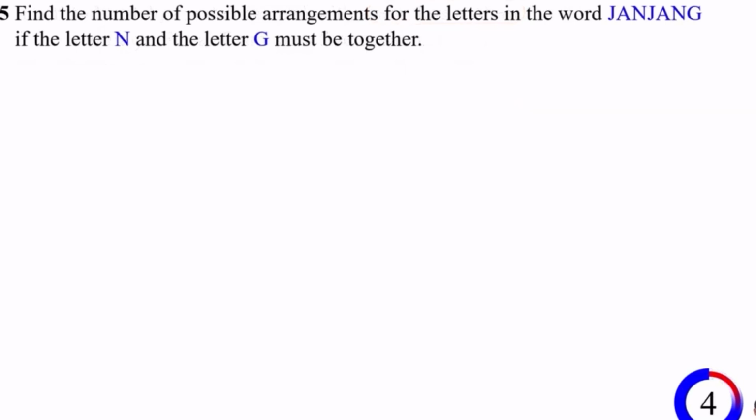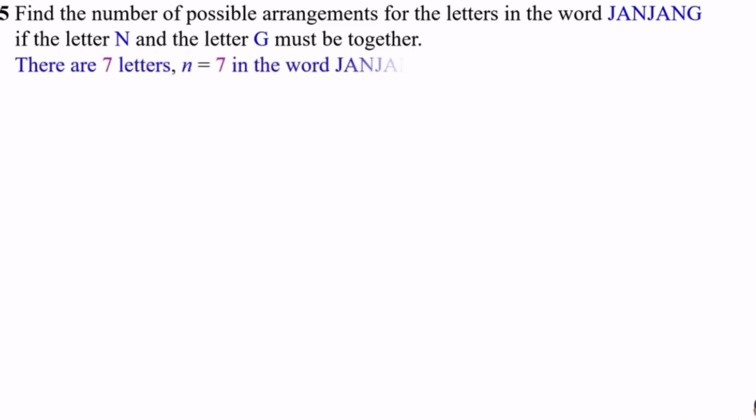Find the number of possible arrangements for the letters in the word JANG, if the letters N and G must be together. So let's take out the N and the G, and then make them together.